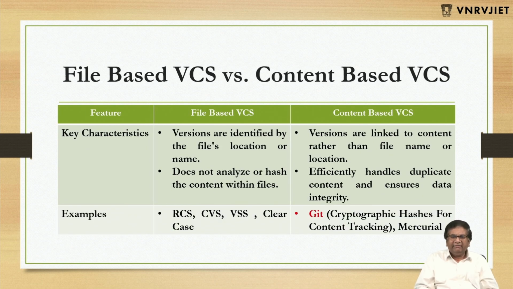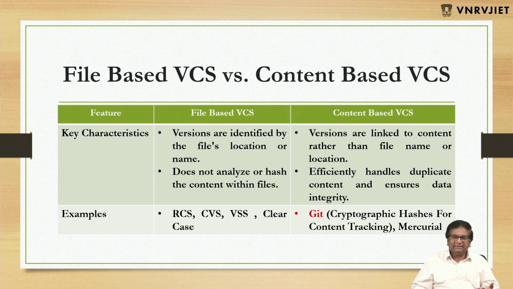Key characteristics. In file based systems, versions are identified by the file's location or name. It doesn't analyze or hash the content within the file. Whereas in content-based systems, versions are linked to content rather than the file name or location. They efficiently handle duplicate content and ensure data integrity. I think this is because content-based systems take these changes as one unit, so there is a better way of hashing those changes and minimizing the data storage.